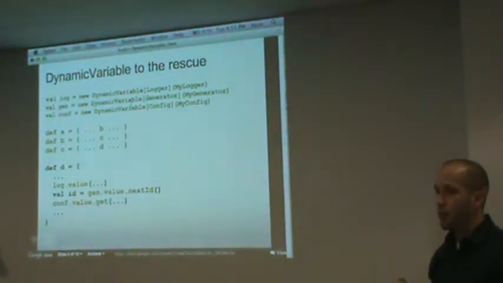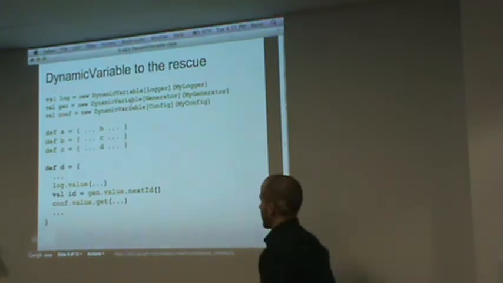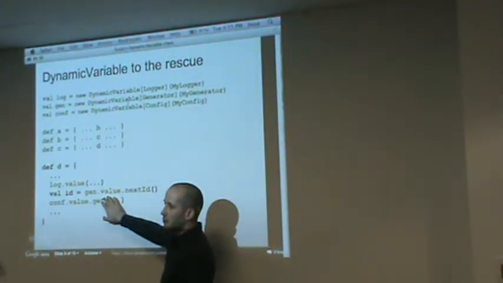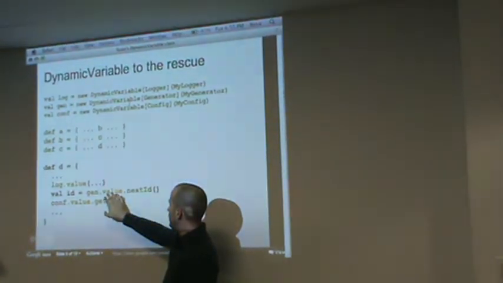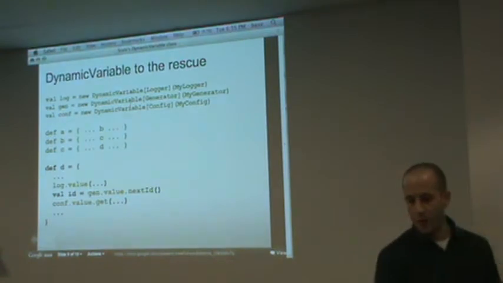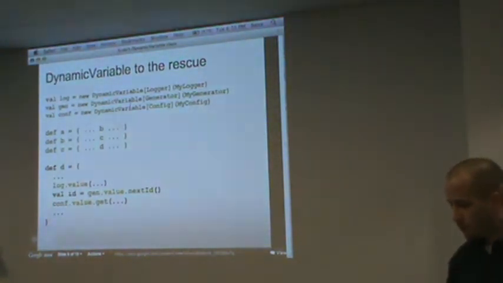So the values are now particular to the thread that I'm in. And this costs us a little bit of syntactic noise in that we need to dereference the dynamic variable with the value method. But the amount of noise is not too bad. Any questions so far?